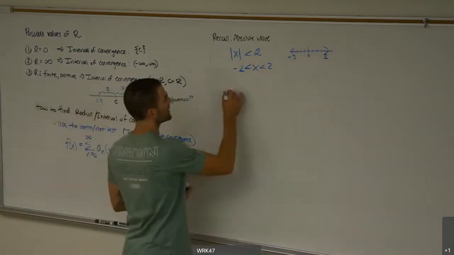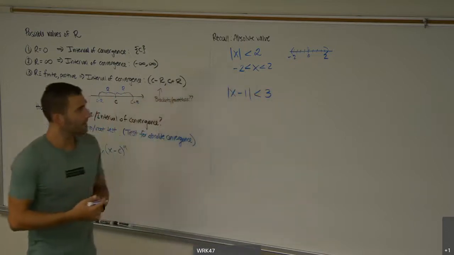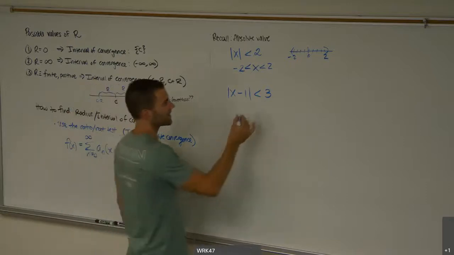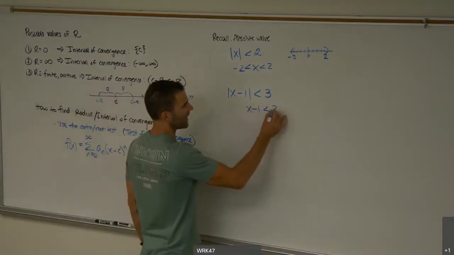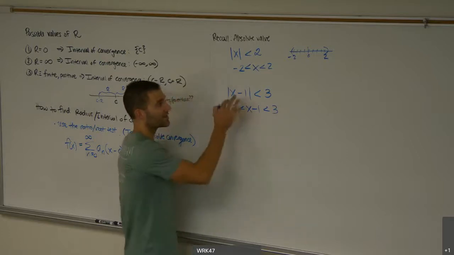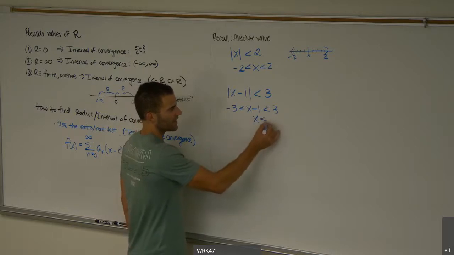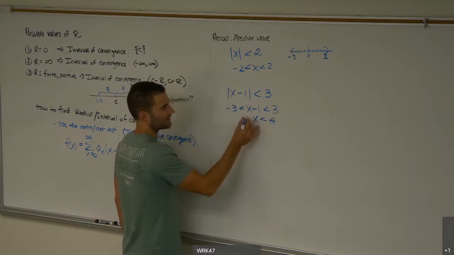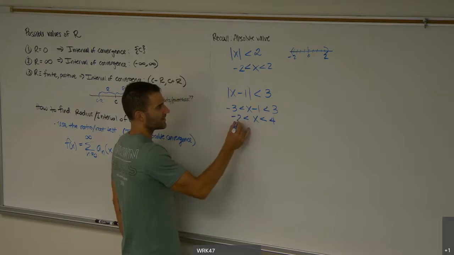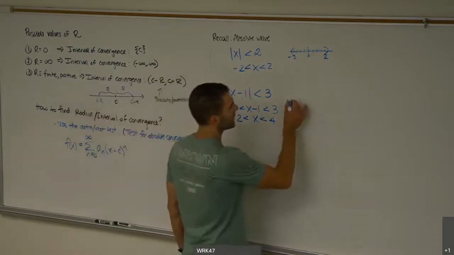Even if I move it, if I say something like this, absolute value of x minus 1 is less than 3, that doesn't mean that x minus 1 is just less than 3. That's two-sided. It means x minus 1 is less than 3 or greater than negative 3 because its value is less than 3. So if I just add 1 to everything, that gives me 4 on this side, negative 2 on this side. I add 1. That gives me now an interval.